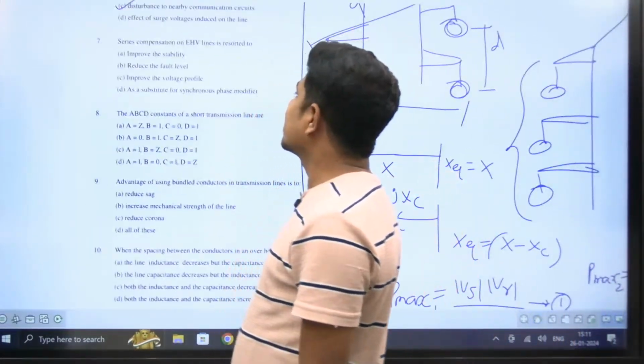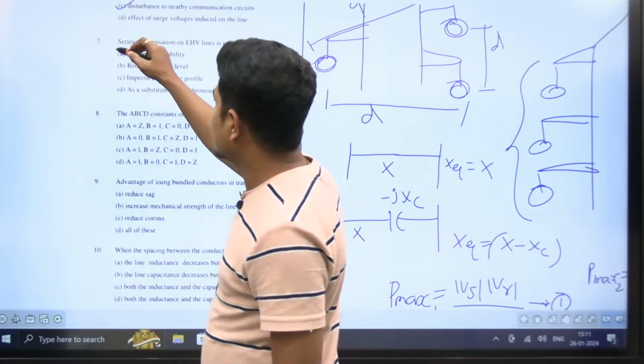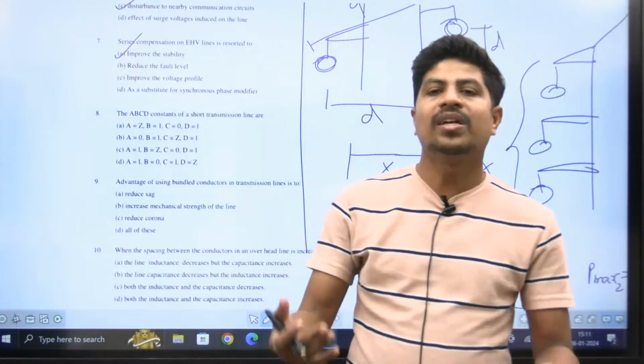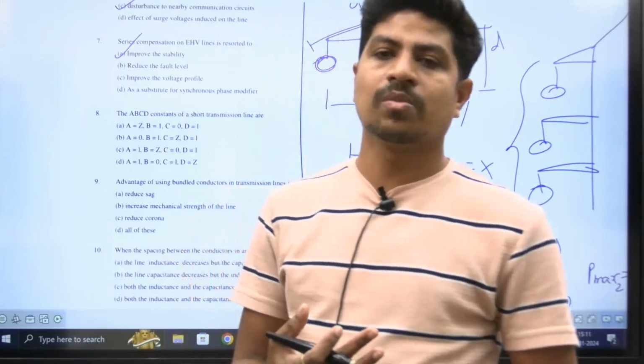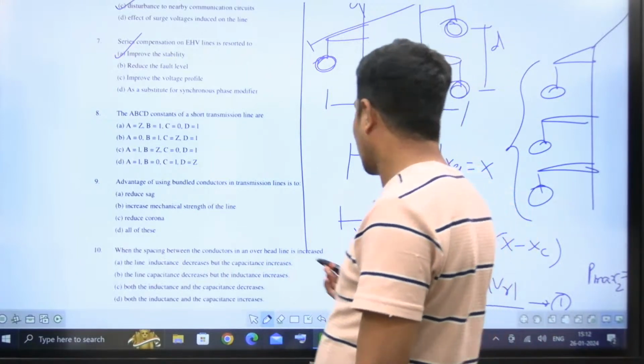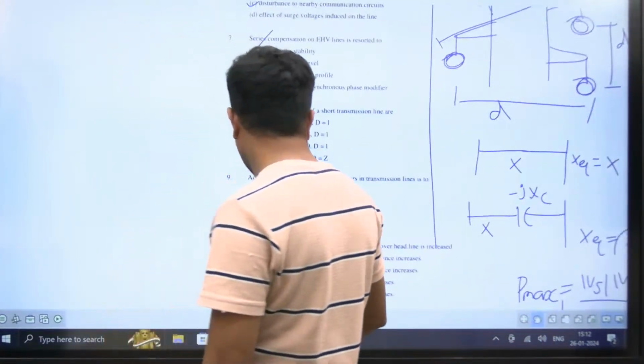So the series compensation on EHV lines is resorted to improve stability. Yes, maximum power transfer capacity is increased, means definitely power system stability is going to increase. If Pmax increases, what is our power equation? What is the approximate real power transfer equation?